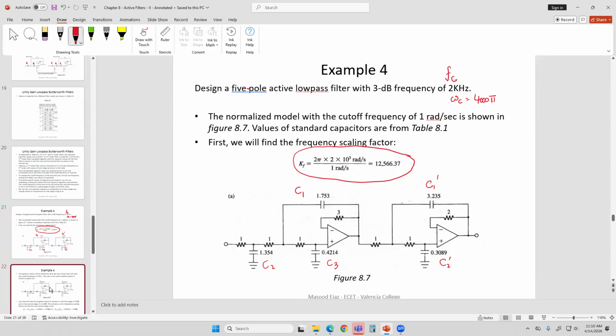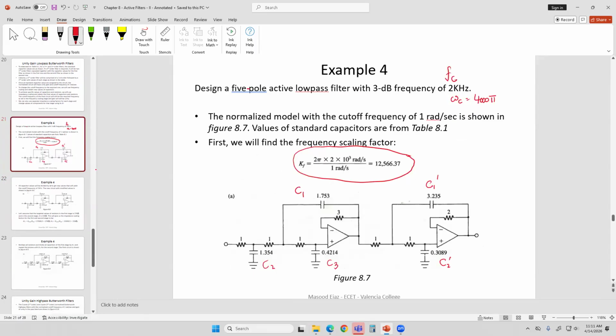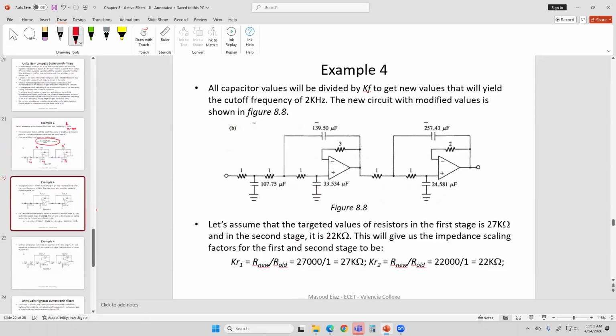All capacitor values will be divided by KF to get the new values that will yield the cutoff frequency of 2 kilohertz. So we divided all of these values by 12,566, and the resultant capacitor values are these.